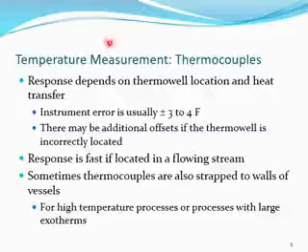Okay. Temperature measurement: thermocouple response depends on the thermowell location. Of course, the thermowell should be located exactly in the place where you need to measure the temperature. Usually, an instrument has an error. Of course, it's not exactly 100%. There may be an additional offset in the thermocouple.